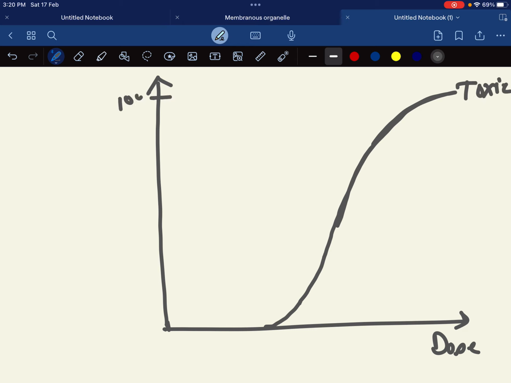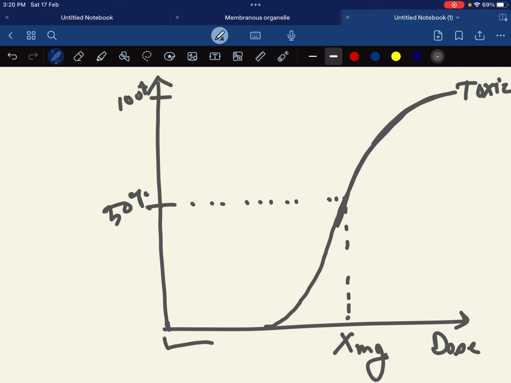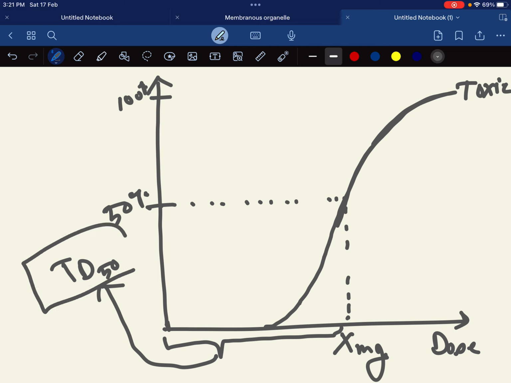This is 100%, and you want to see at which dose about 50% of people show toxicity. Say this is X milligram. This X milligram dose will be called the median toxic dose, at which about 50% of the recipients will get a toxic effect from the drug.